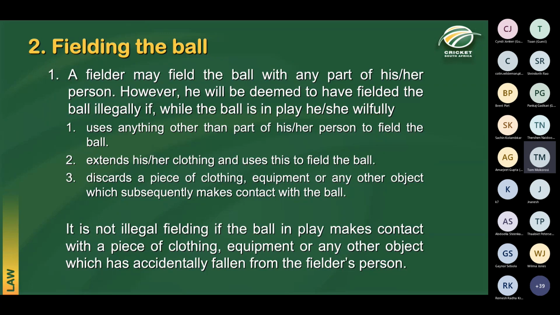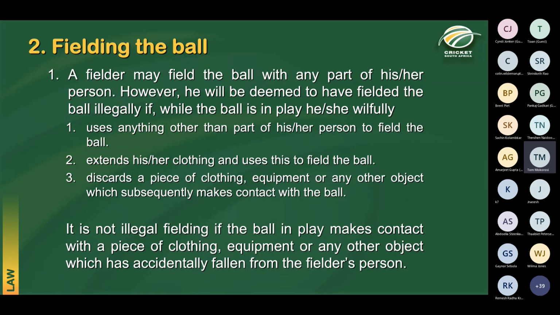Okay, so there is a big difference between an item of clothing or equipment accidentally falling off a fielder's person versus the willful discard of a piece of clothing or equipment like a cap or a helmet being placed anywhere on the field by a fielder.